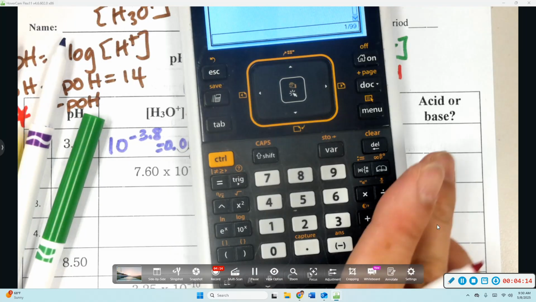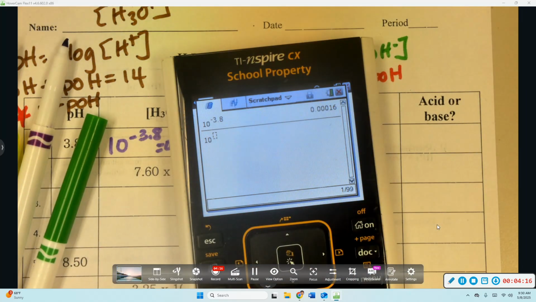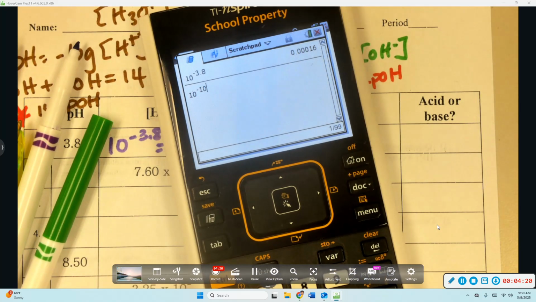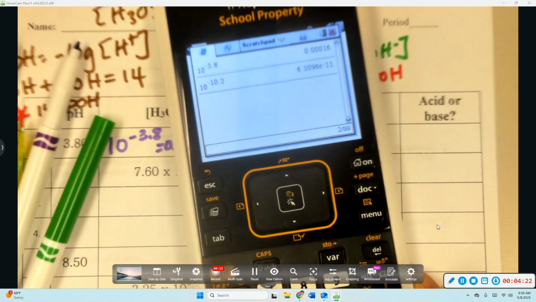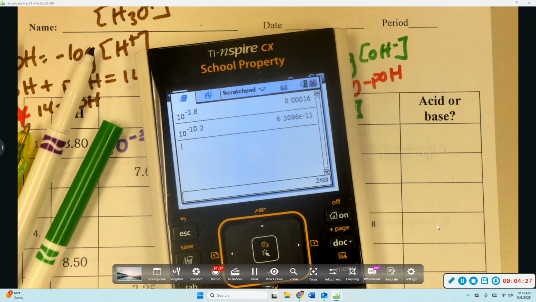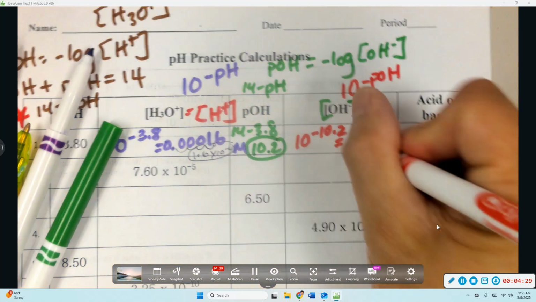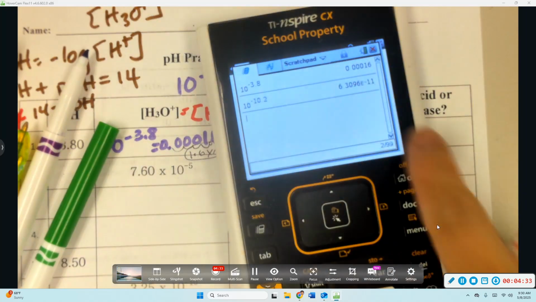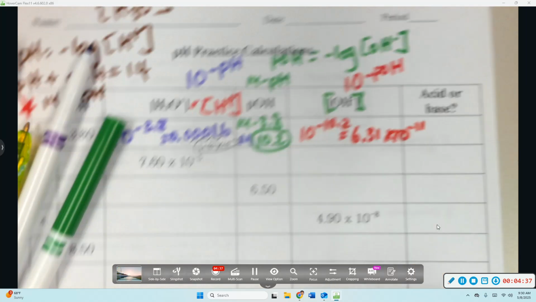You can push that. Negative 10.2, and this time it'll give you a scientific notation number, 6.31. We'll round to the hundredths place. 6.31 times 10 to the negative, see the e to the negative 11 here? That's 10 to the negative 11.